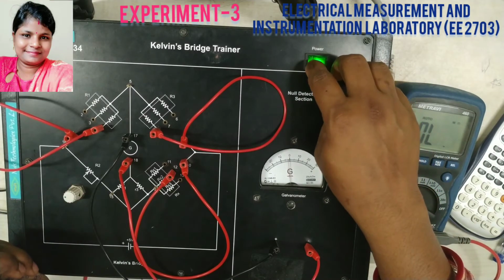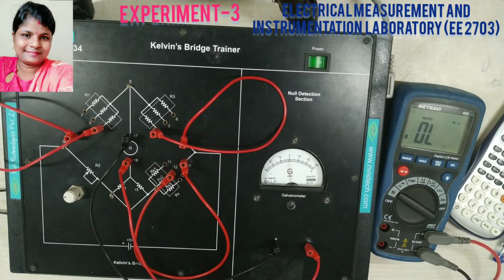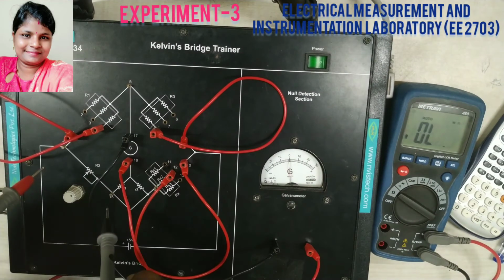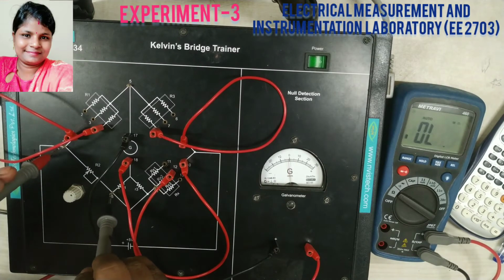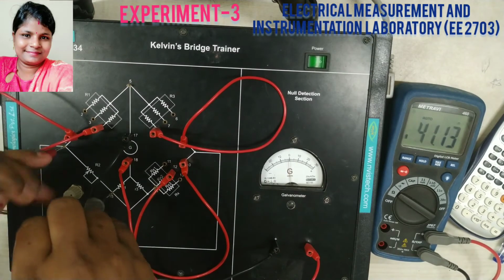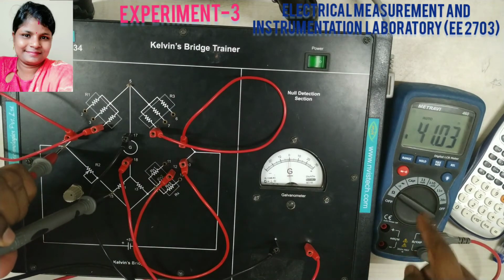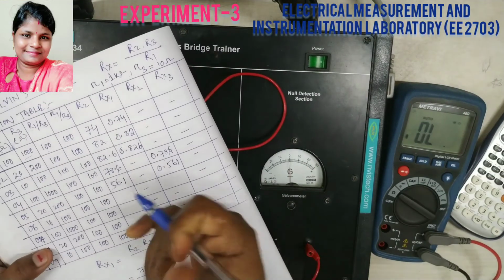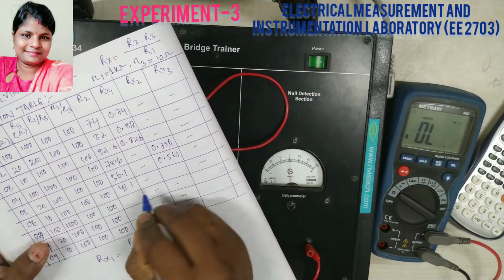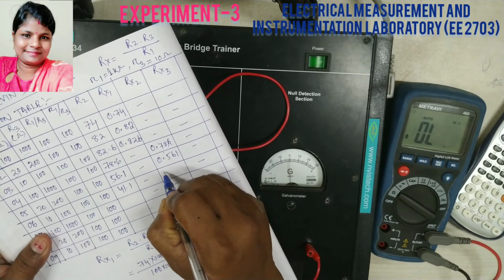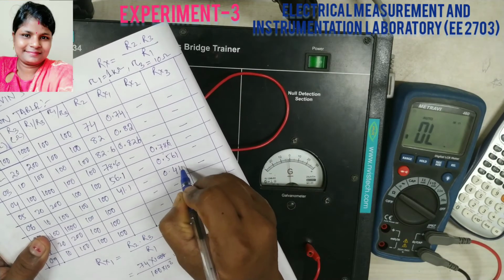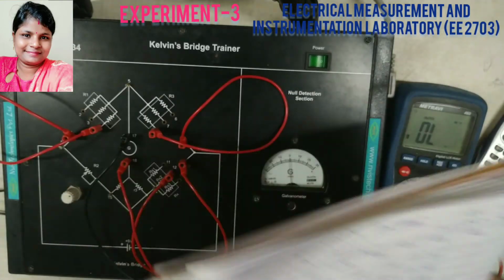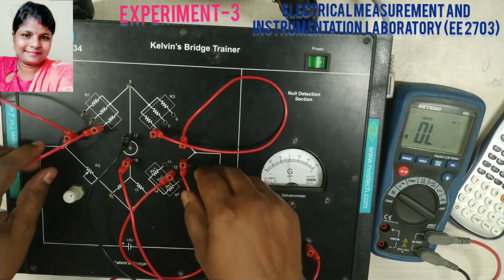So switch off the power and take the reading using the multimeter from the terminal 15 to 16, so the value is 41.1. So write here 41.1, and the value of Rx2 is 0.411. Next, do for the seventh row for calculating the value of Rx3.